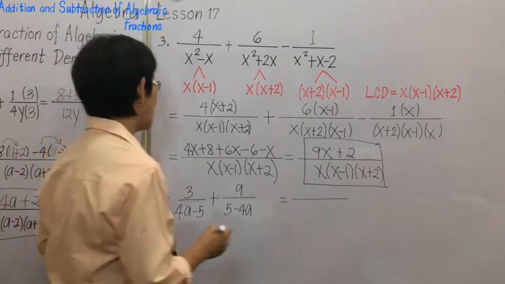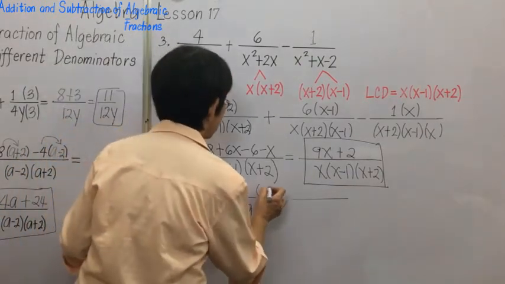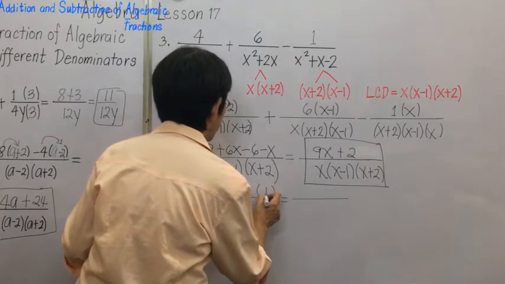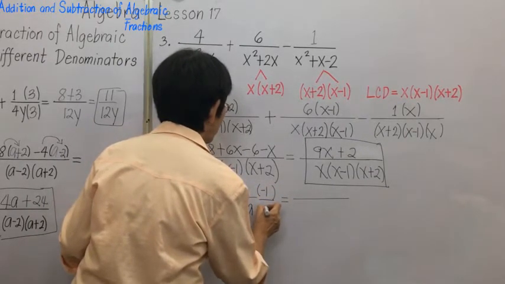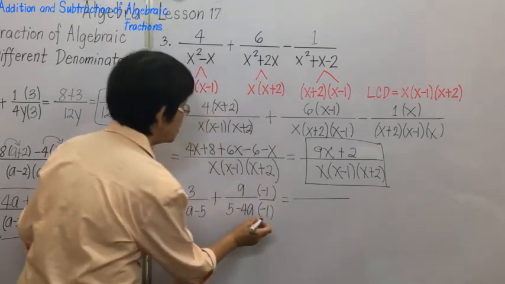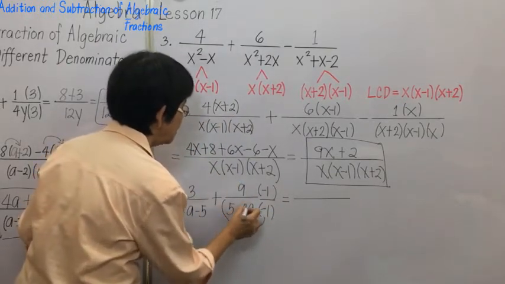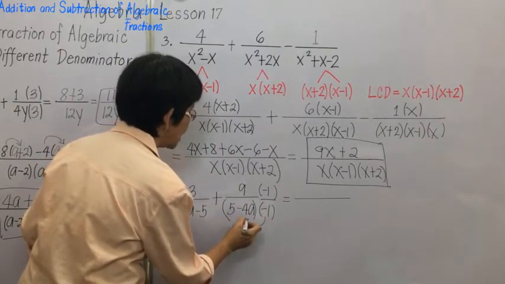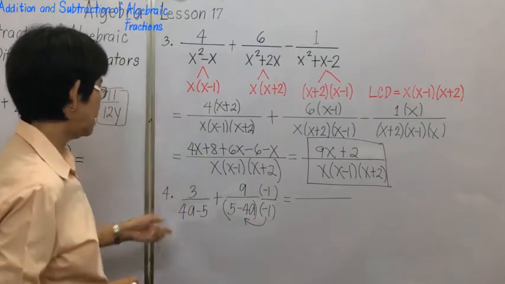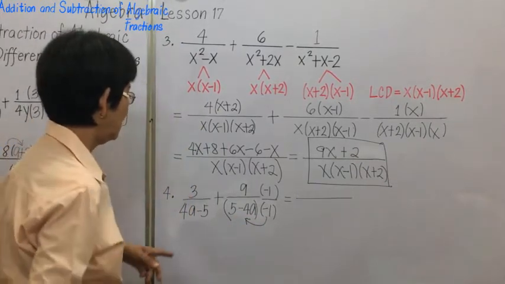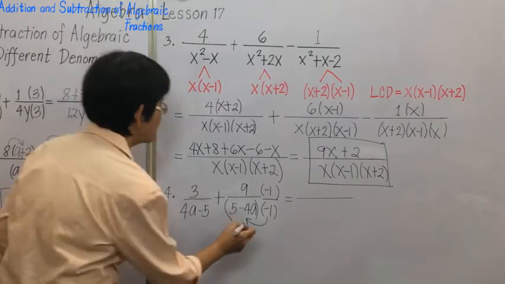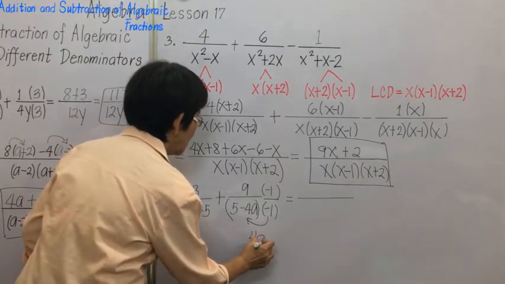So we will multiply the second term by negative 1 over negative 1 and multiply this inside. So that changes to 4a minus 5.